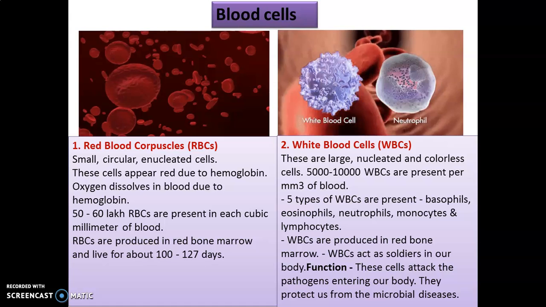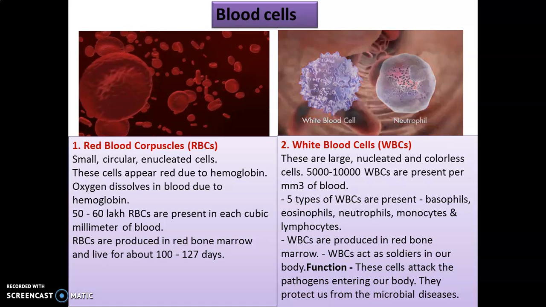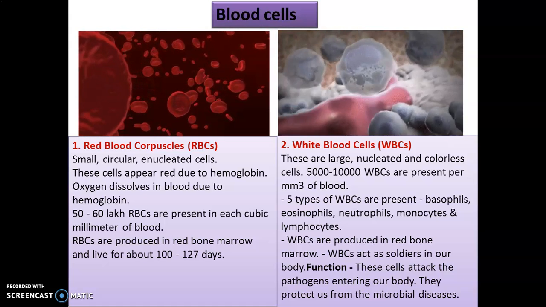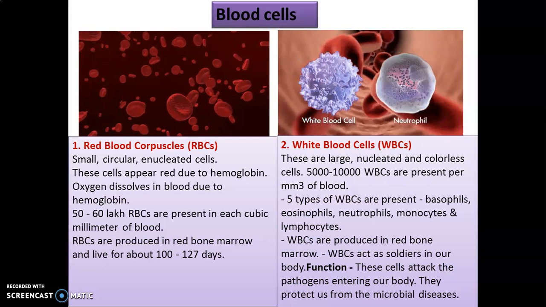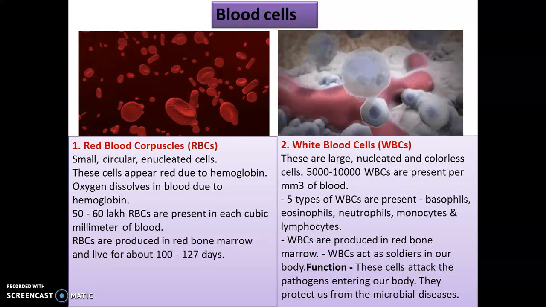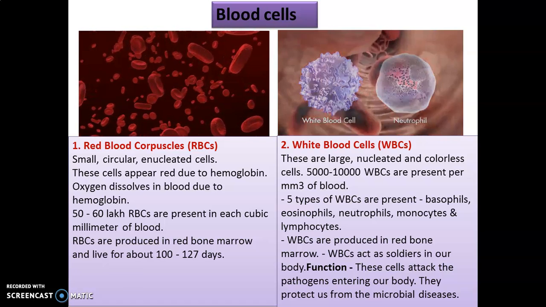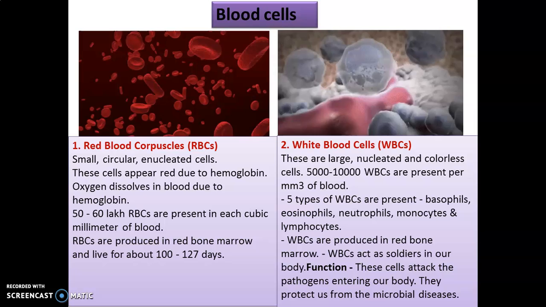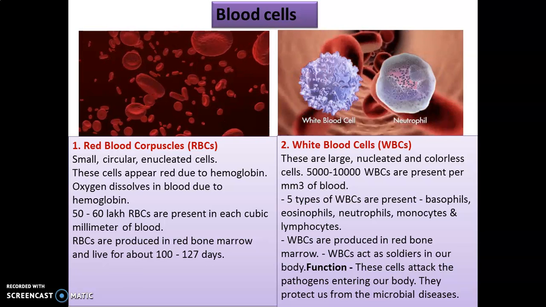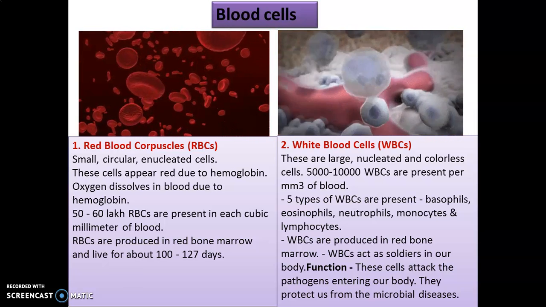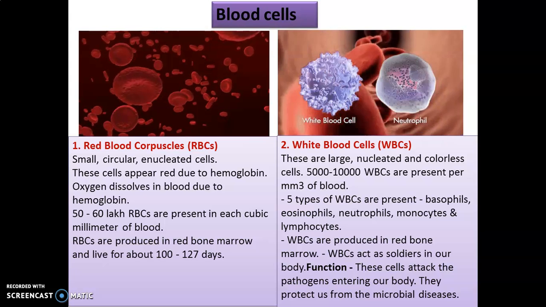So all 5 types of WBCs, basophils, eosinophils, neutrophils, monocytes and lymphocytes, do the function of protection. These cells attack the pathogens, that is disease causing microorganisms entering our body, and they protect us from microbial disease.